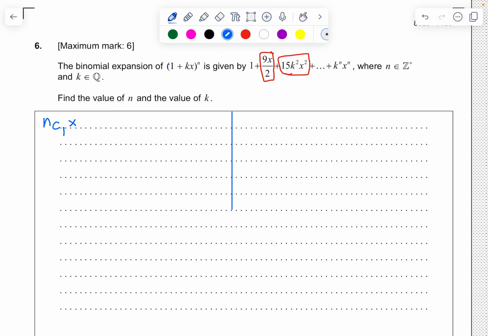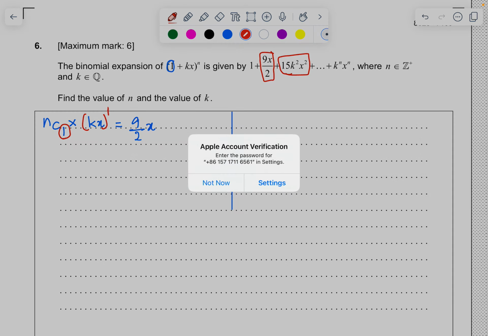Let us just ignore the 1, because 1 times anything just gives us 1 only. This is equal to 9 over 2 x. Because the b term always follows the r, so this is basically to the power of 1. Is it okay?